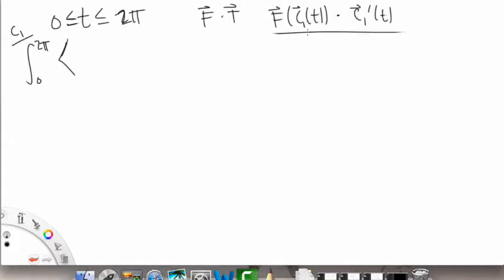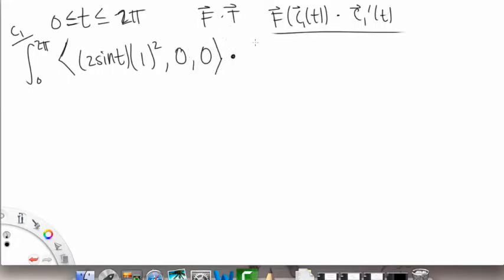Our f had y times z squared as the first component. So y for C1 is 2 sine t, and z is just 1, so 1 squared, and we have a 0 and a 0 from the f.